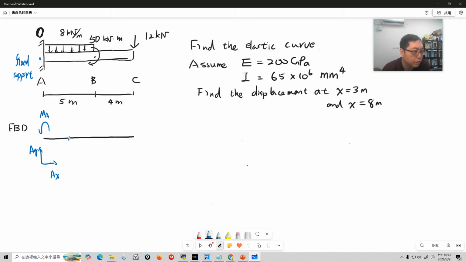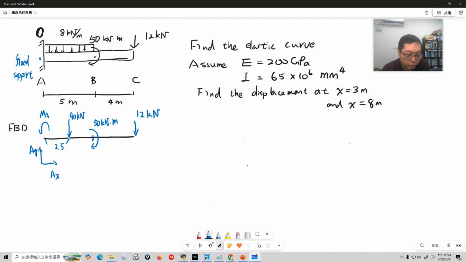So it's a 40 kilonewton point-down force at 2.5. At x equal to 5, there is a concentrated moment of 50 kilonewton meter, and at the end of this beam, there is a concentrated load of 12 kilonewton.